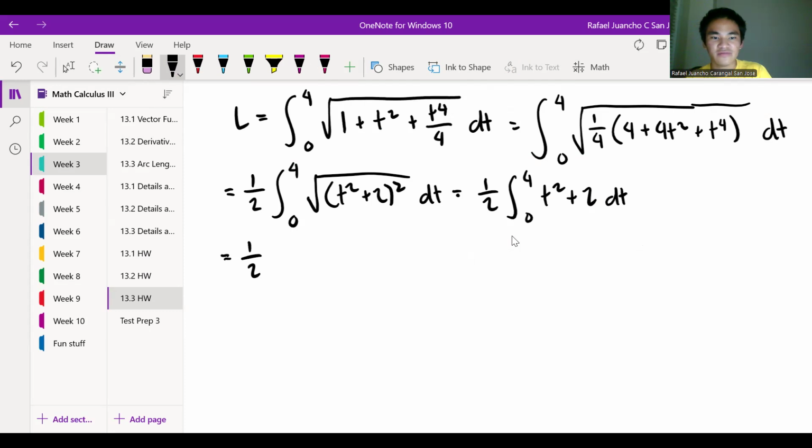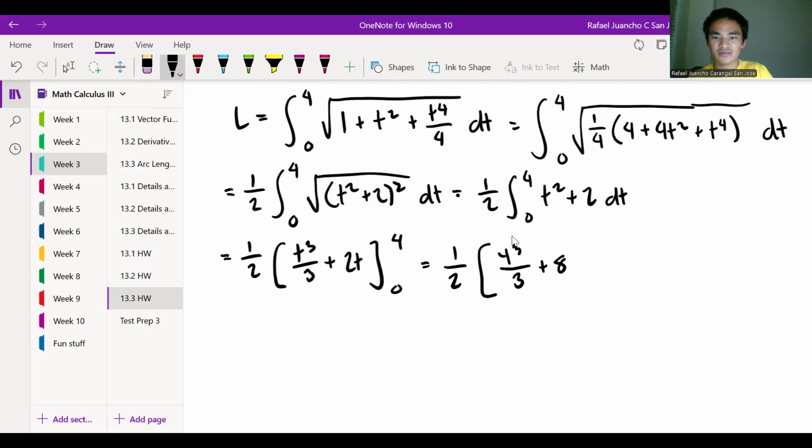So I get 1/2 times the integral from 0 to 4. I can integrate it directly: t cubed over 3 plus 2t, from 0 to 4. So I get 1/2 times 4 cubed over 3 plus 8.